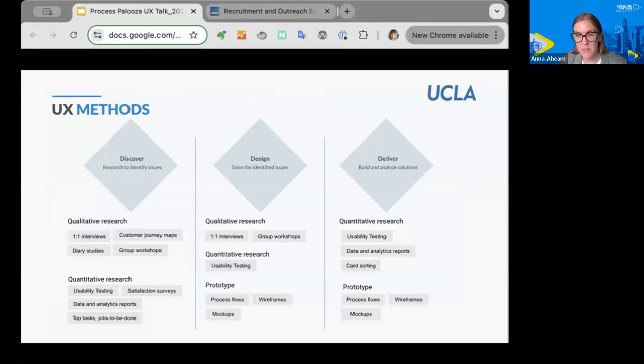To execute this work, there's a whole menu of UX methodologies that can be used. There's qualitative research, quantitative research, and prototyping. Again, a number of these are very similar to process improvement methods. One that we want to focus on today in particular is this one that shows up across all 3 stages, usability testing.